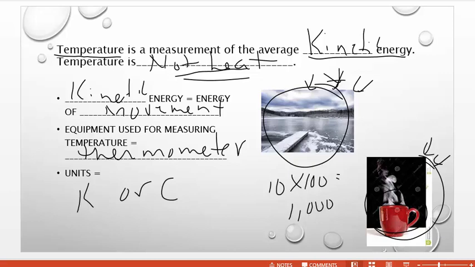Now let's go up and look at this water. The water in the lake, there are a lot more than 10 molecules. If this holds 10, how many coffee cups would the lake be? Let's just say for our purposes that this is a small lake and it only has 1,000 times what this coffee cup would be.